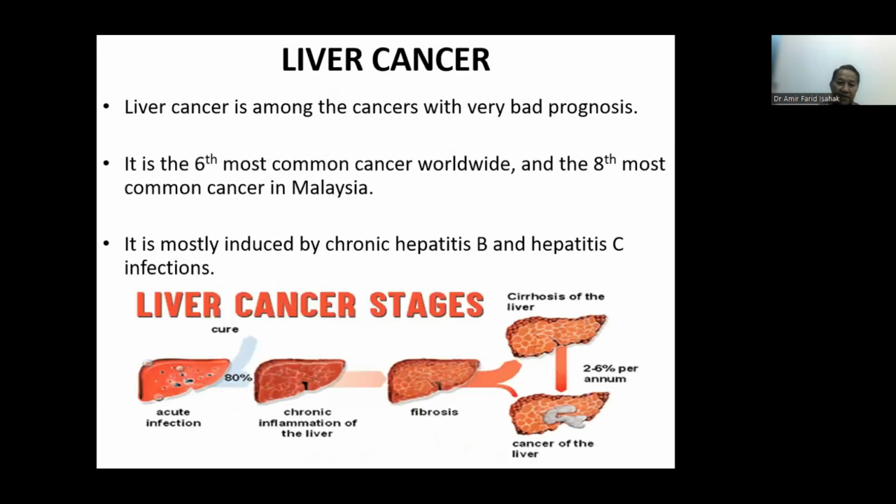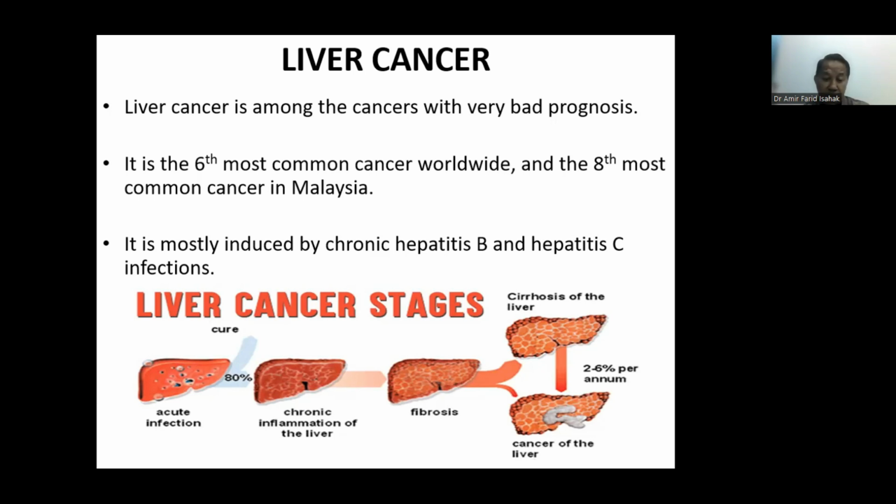Finally, you get liver cancer. Liver cancer is among the cancers with very bad prognosis. It is the 6th most common cancer worldwide and the 8th most common cancer in Malaysia. It is mostly induced by chronic hepatitis B and hepatitis C infections. So you start with the acute infection of the hepatitis B or C virus.